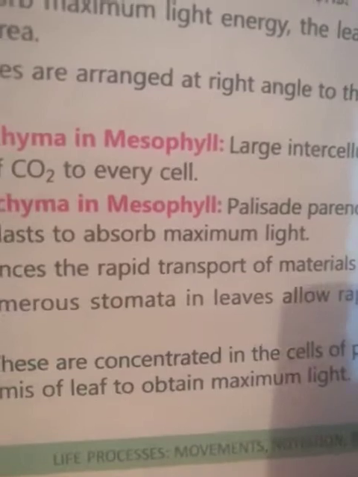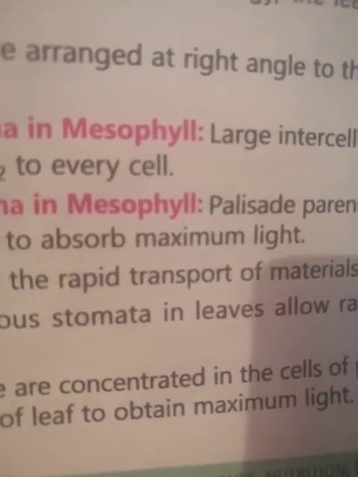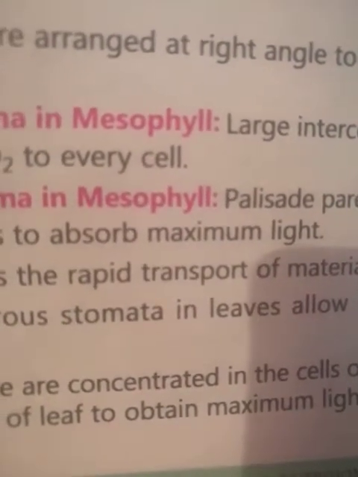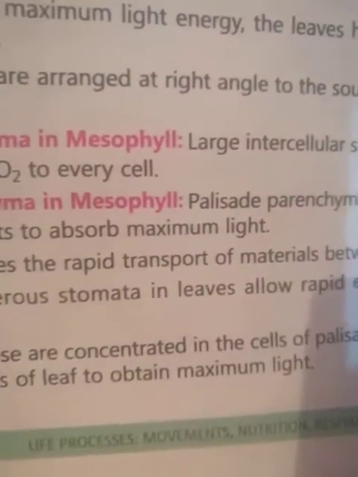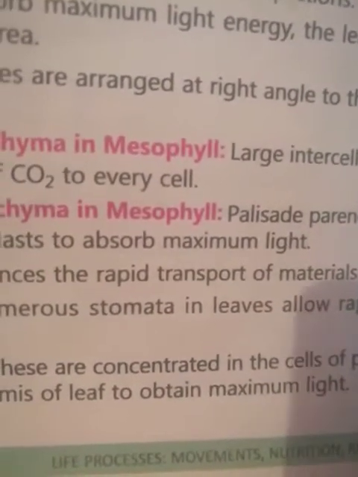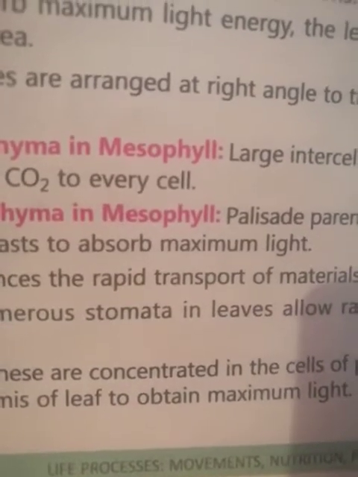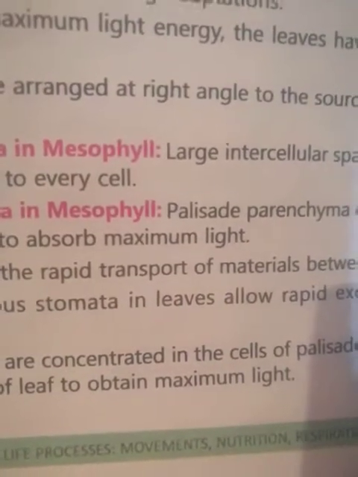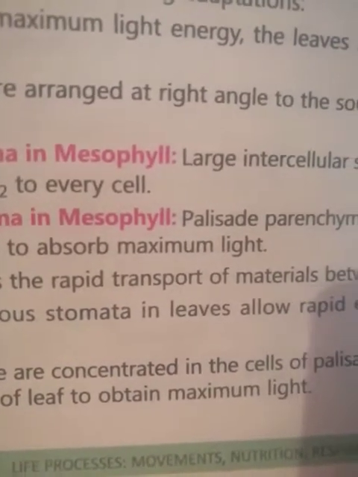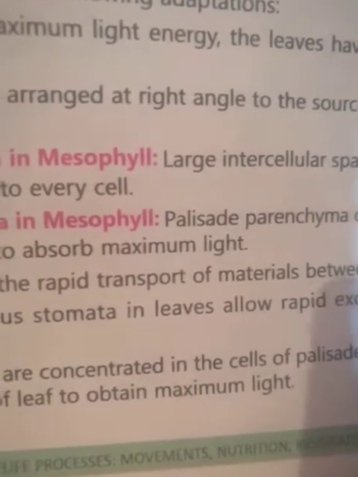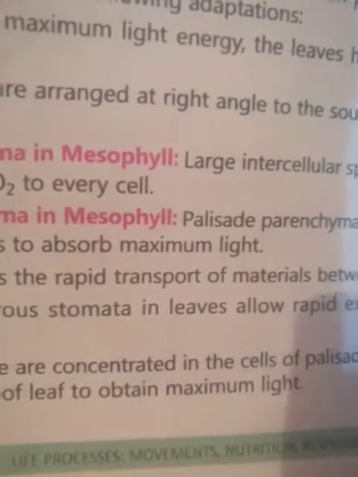Means there are a large number of chloroplasts present in palisade parenchyma, and as we know that chloroplast or chlorophyll help in absorbing or trapping the sunlight, so it is important for trapping maximum sunlight during the photosynthetic process.